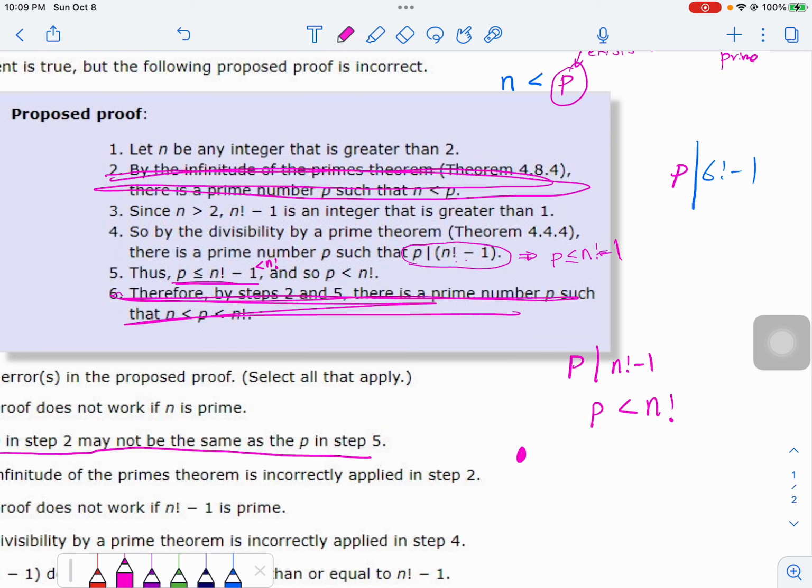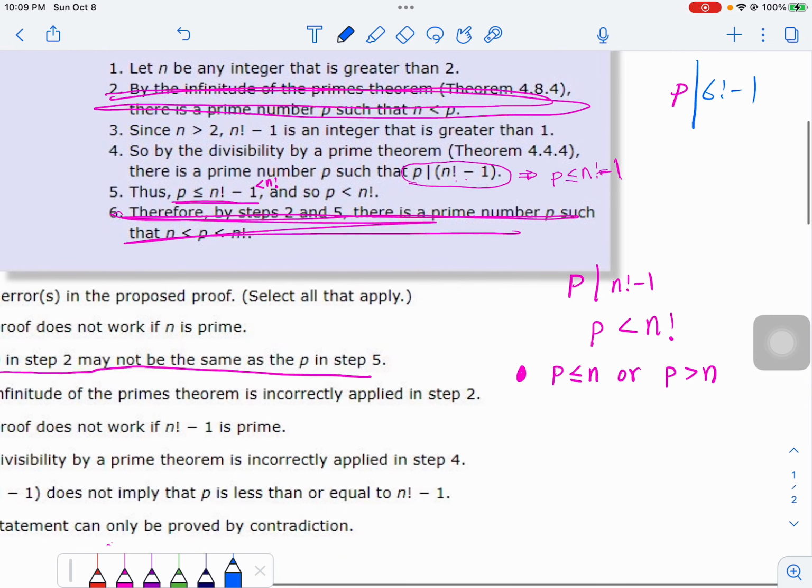In this case, let's discuss p is either less than or equal to n, or p is greater than n. So p divides n factorial is these two cases: either less than or equal to n, or greater than n.